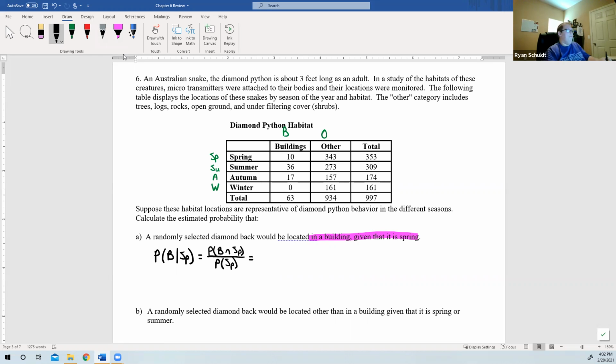Building and spring, it's going to be 10, so 10 goes on top. Probability of spring, 353. So 10 out of 353, which to 4 decimal places is approximately 0.0283. And that would be our final answer.